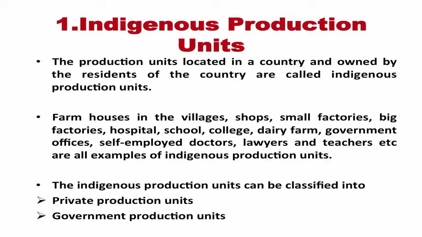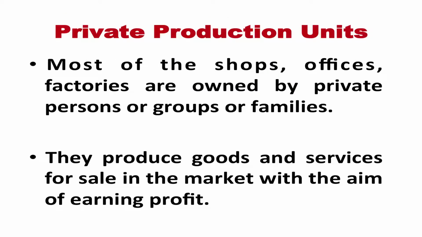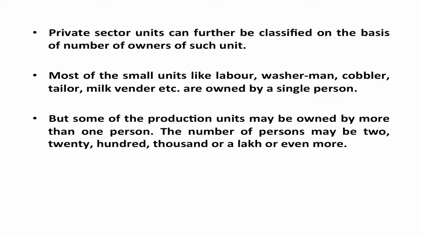Since production units are further divided into private and government, the indigenous production units can be further classified into private production units and government-owned production units. Most of the shops, offices, factories are owned by private persons or groups or families. They produce goods and services for sale in the market with the aim of earning profit. Private sector units can further be classified on the basis of number of owners of such units.